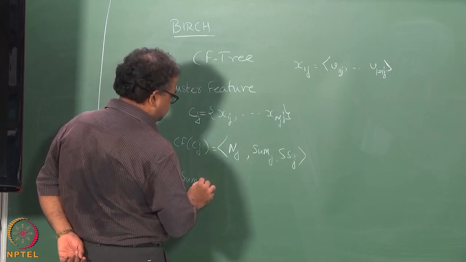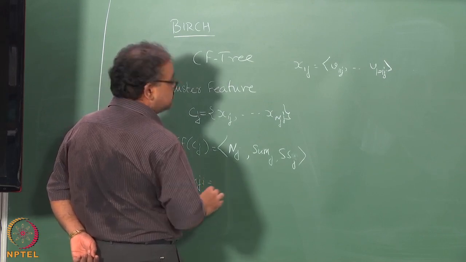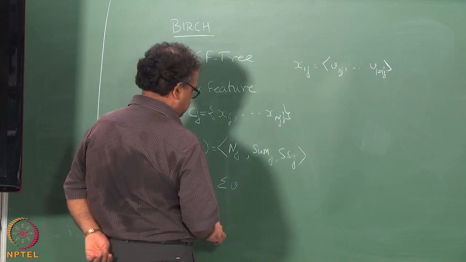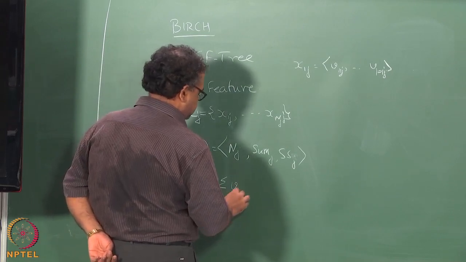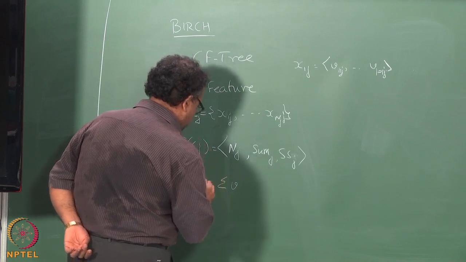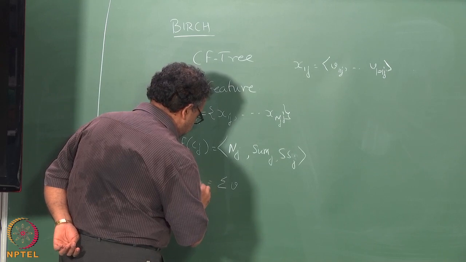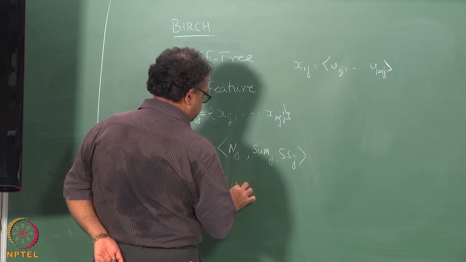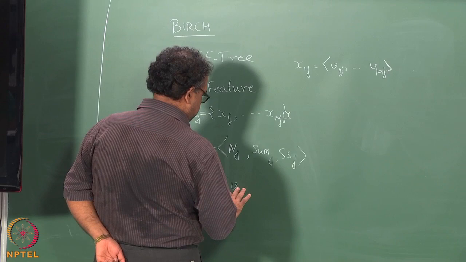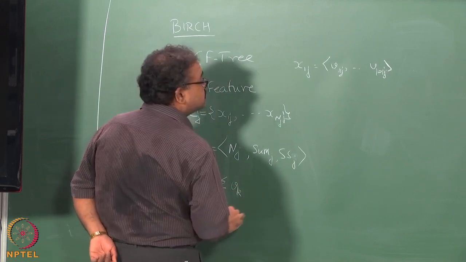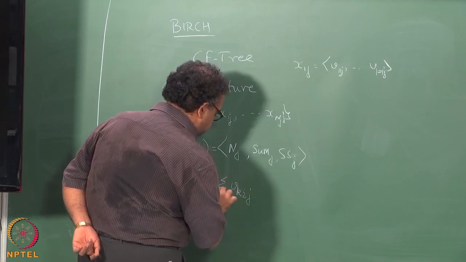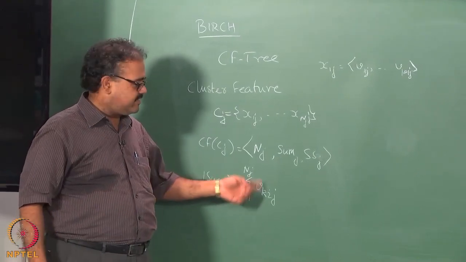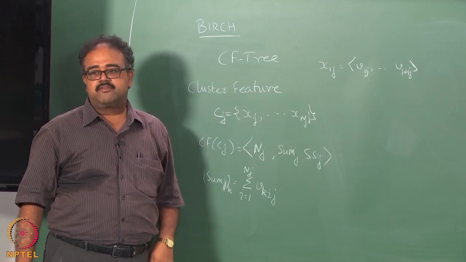The kth coordinate of sum j is essentially the sum of the kth coordinate of all the data points.